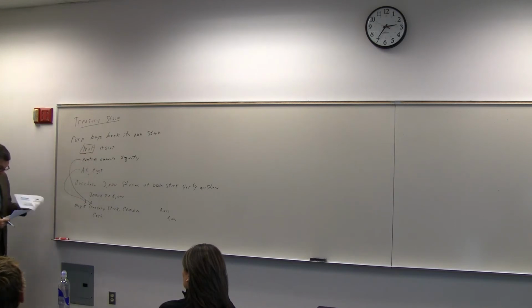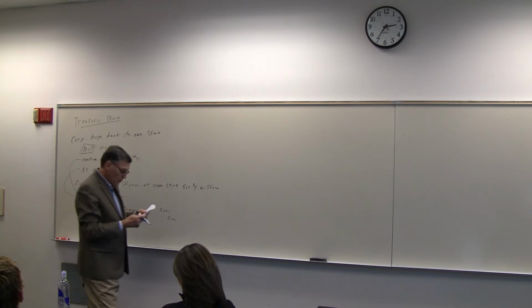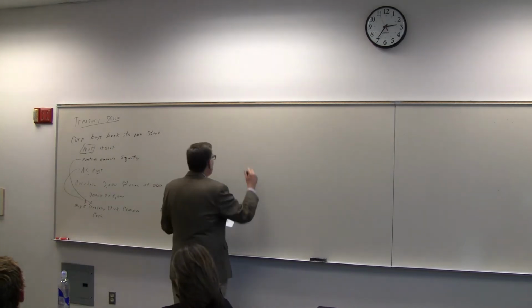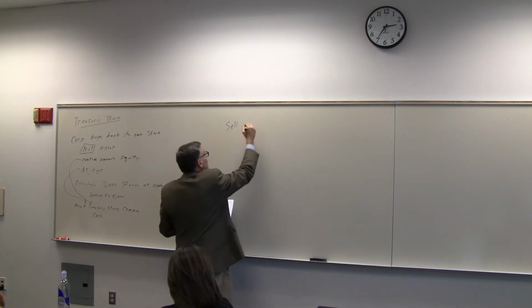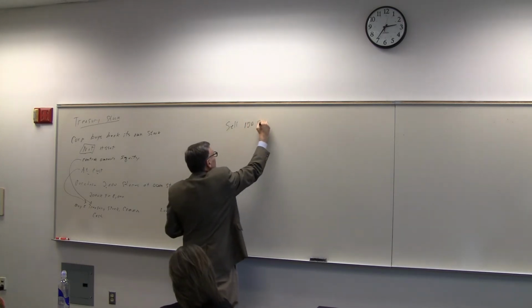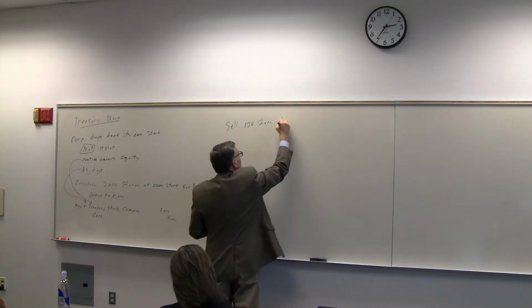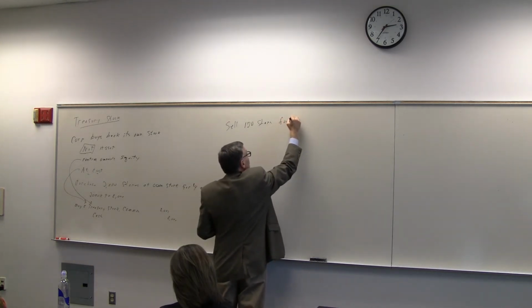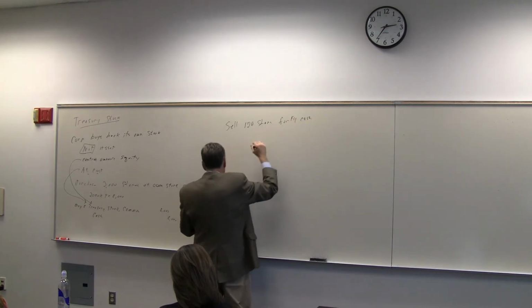Okay? All right, now what they do is they sell 100 shares of this treasury stock for $4 each. So when they do that, 4 times 100 is 400.